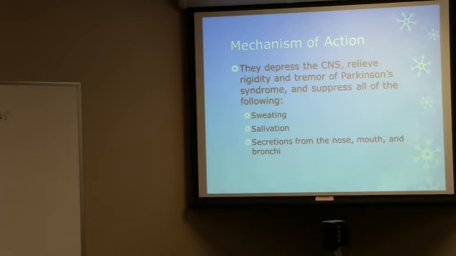Some of the uses are with Parkinson's, and they suppress all of the following: sweating, salivation, secretions from the nose, mouth, bronchial. So it helps dry those secretions up.